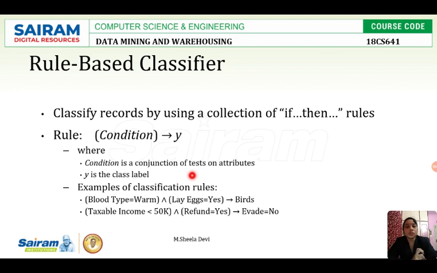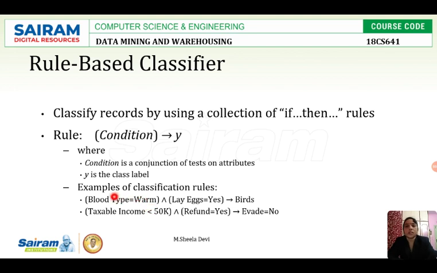So it is a conjunction of the rules on the attributes, and Y is nothing but the class label. Whichever category we are going to put it in, that is nothing but the class label. The class label can be apple, tomato, and in the case of citizens we said yes or no. The class label can be anything based on our categorization.